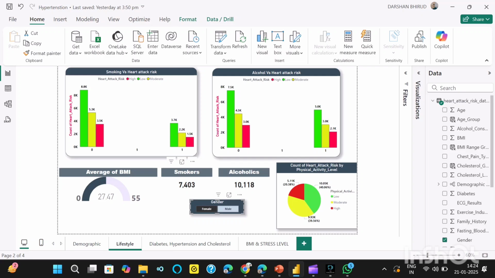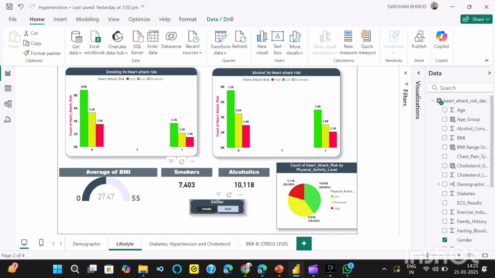Zero is individuals who are not smoking and one is individuals who are smokers. If the individual is a smoker in the female category, then the heart attack risk is higher, at about 1.5 thousand people falling in this category.